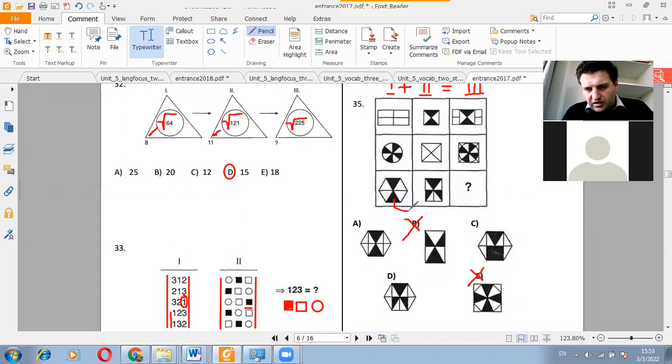So you put this here. At the end, you get a black rectangle at the bottom. So it's not A, it's not D, it's definitely C. You see here 2 triangles, but they are in the same place, so it stays like this here.